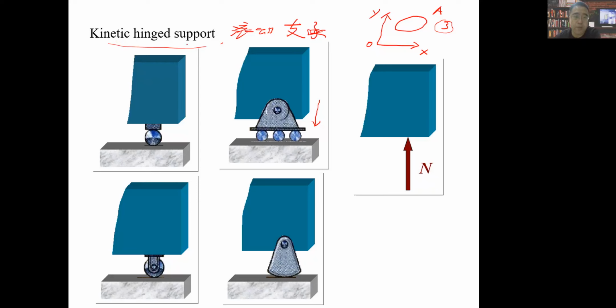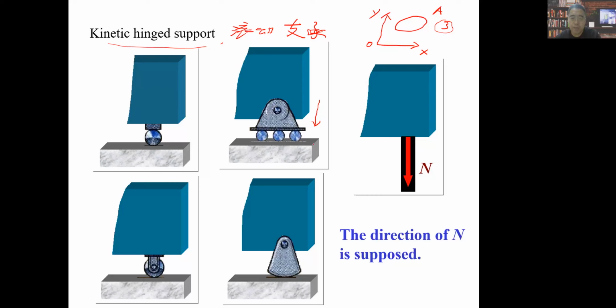It's very strange for me because I'm very familiar with the Chinese name, 滚动支撑. So you can just understand that it can move freely along the x-axis because it has one or more wheels and no constraint along this direction. But in the y direction, its capable of movement is prevented, right? So that is this kind of constraint.